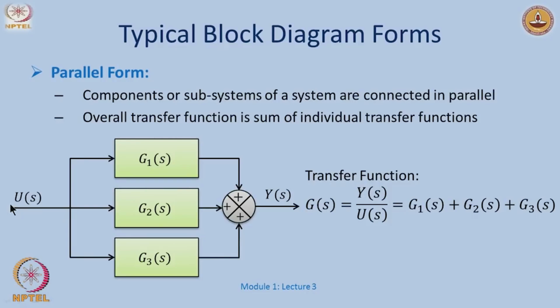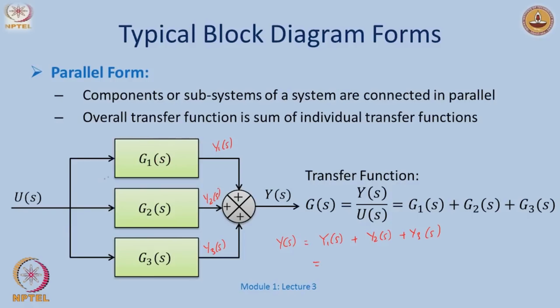So, let us say that this U via G1 generates an output of Y1(s), here I have Y2(s) and here Y3(s), and by the definition of the summing block, Y(s) would be Y1(s) plus Y2(s) plus Y3(s). Okay. What is Y1?